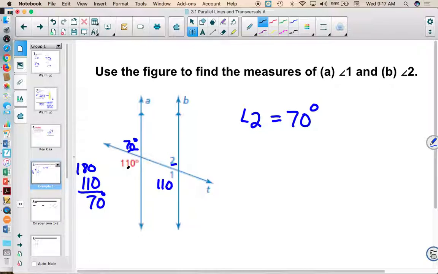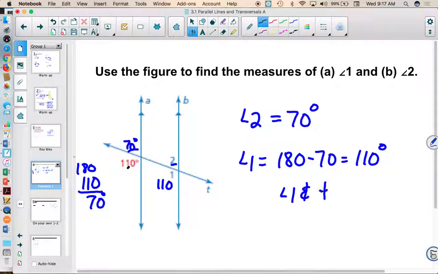For angle 1, you can say 180 minus 70 equals 110 degrees. Or you could say angle 1 and the given 110 degrees are, what do we call those? Corresponding.